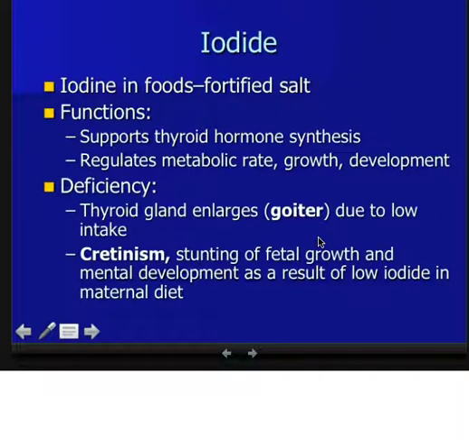Deficiencies can result in goiter due to low intake. Deficiencies in youth, specifically during development, can result in cretinism, which is a stunting of fetal growth and mental development as a result of low iodide in the maternal diet.